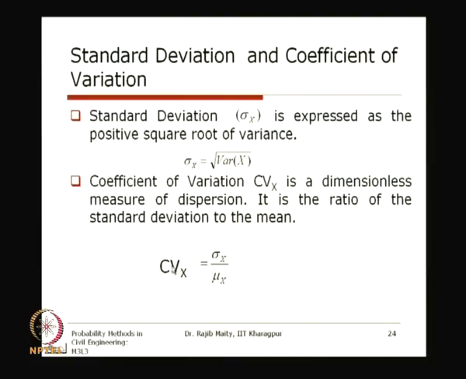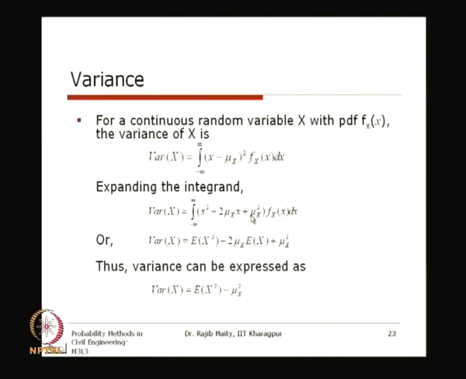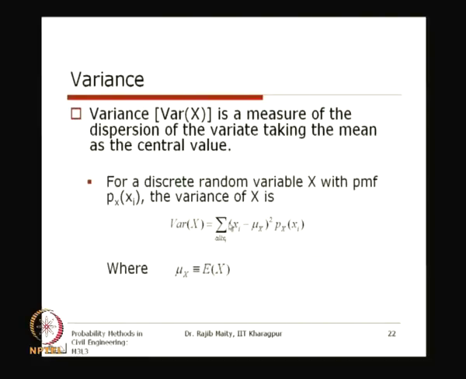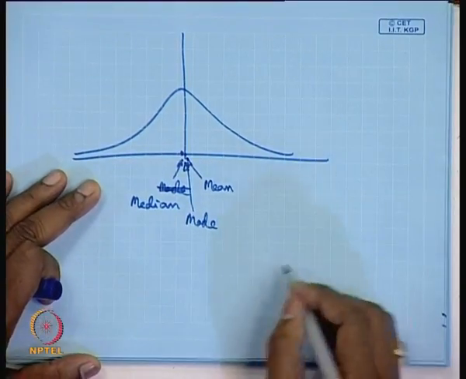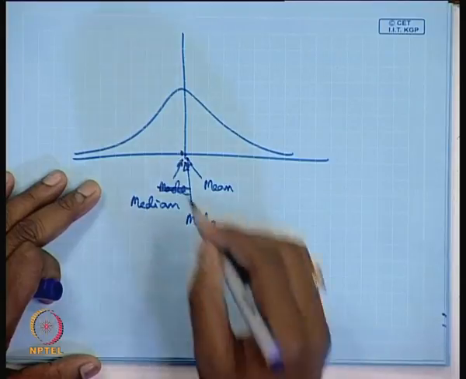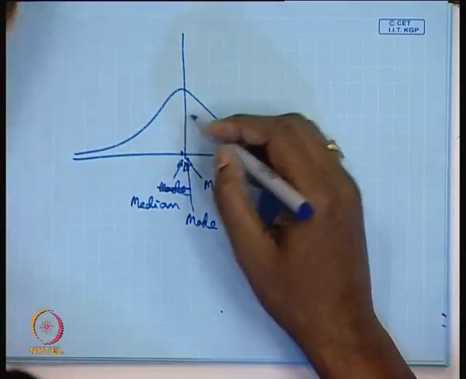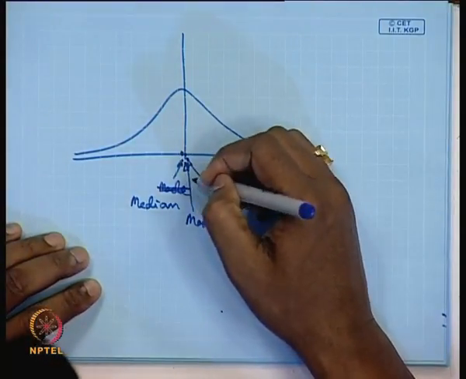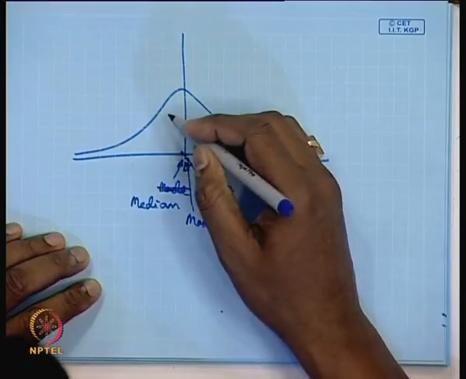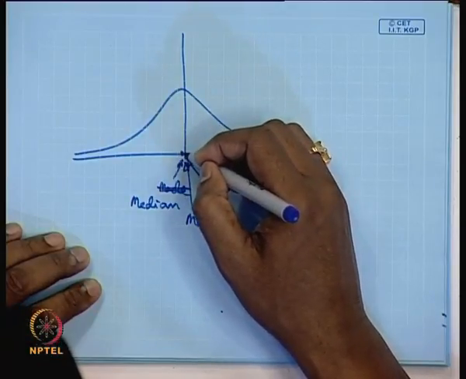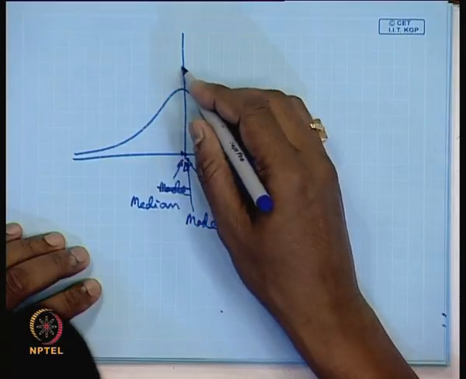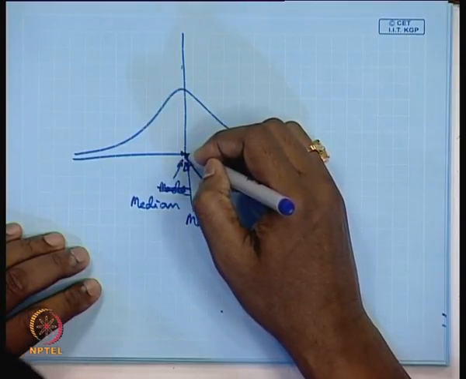Now, for all the higher moments, how it becomes the higher thing, I will explain in a moment here. What we are doing when we are measuring the spread around this mean is this: this is our mean, and we take x minus mu x.